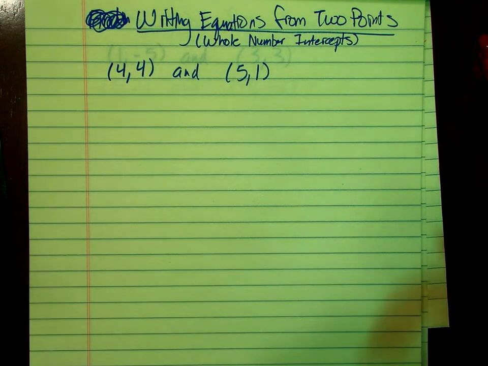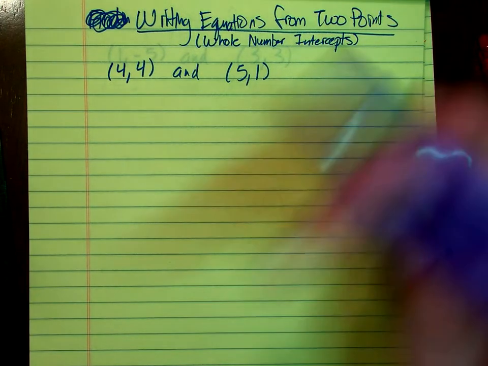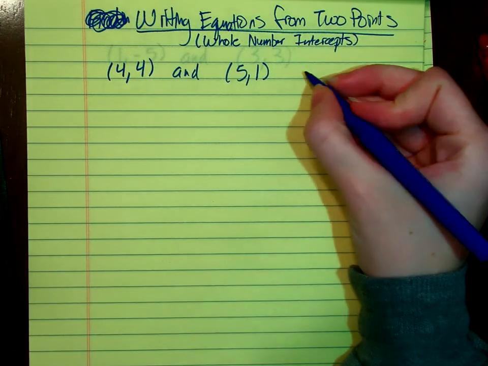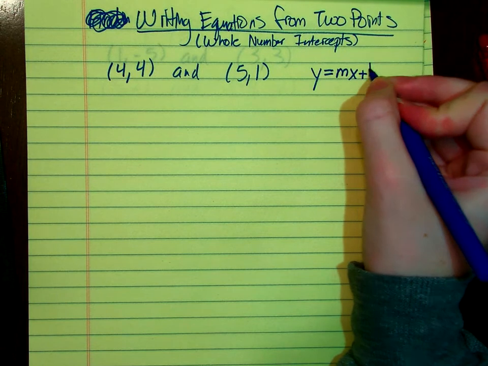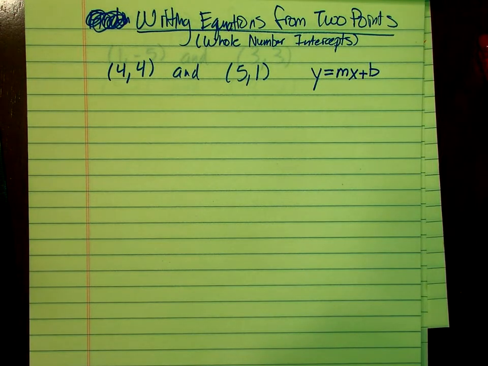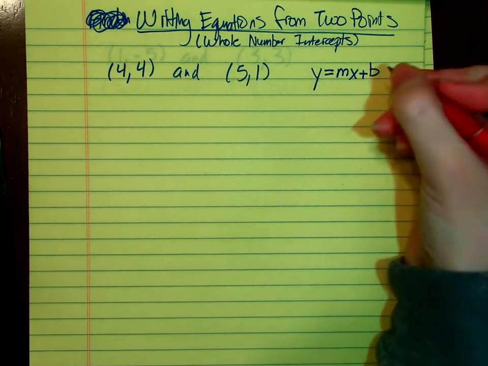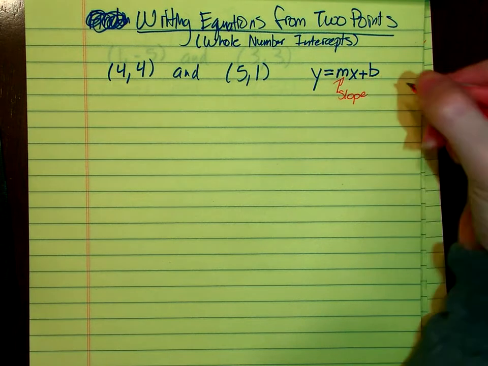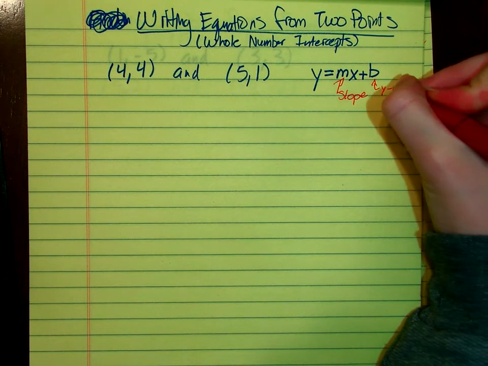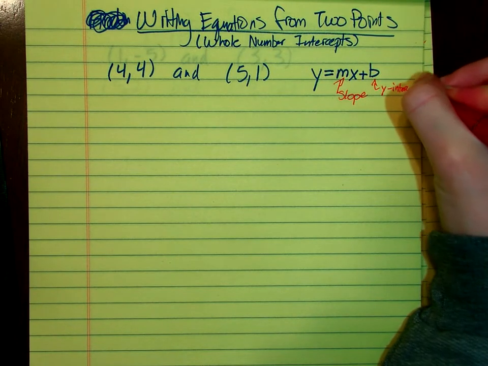So we're writing equations still for lines, linear lines, which means we're always looking for y equals mx plus b. Go ahead and pause this video and make sure that you can label each part of this equation. Welcome back. That means that this is our slope and this is our y-intercept.